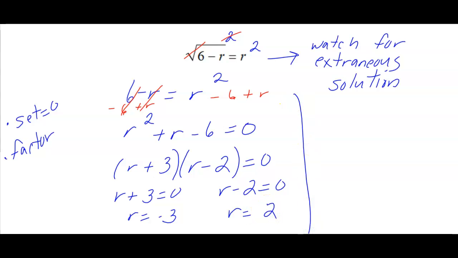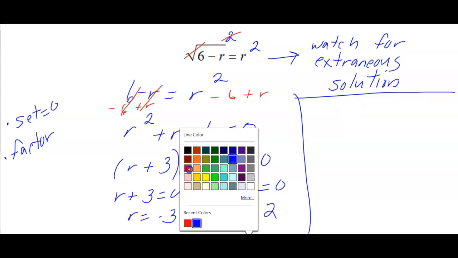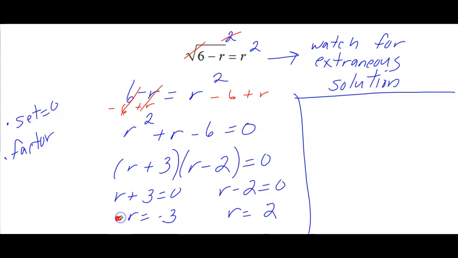Okay, so we need to check and make sure these are going to work. So if you plug your -3 in, let's check this one. So the square root of 6 minus -3 equals r, which is -3.